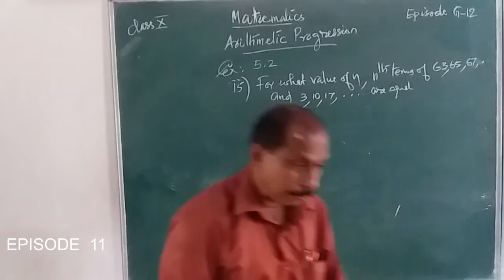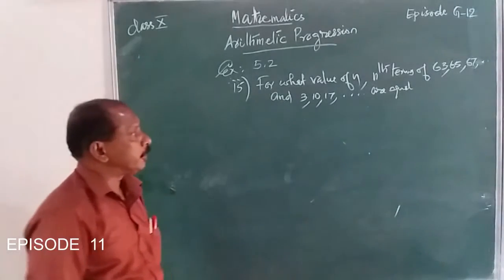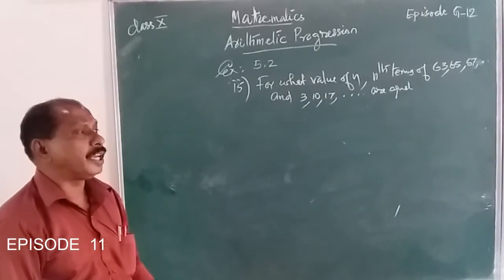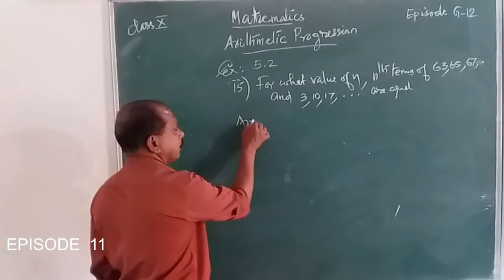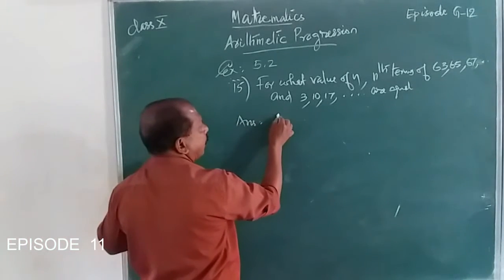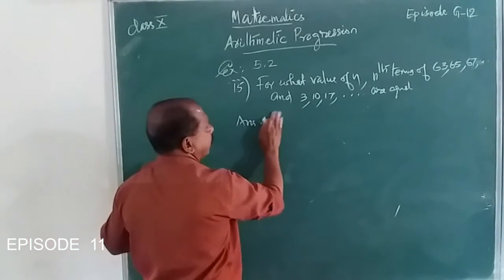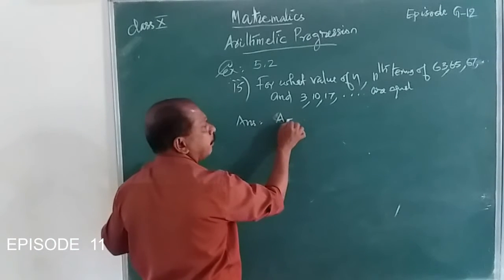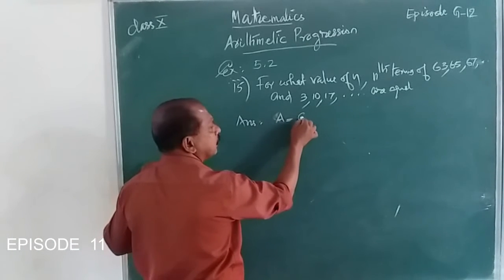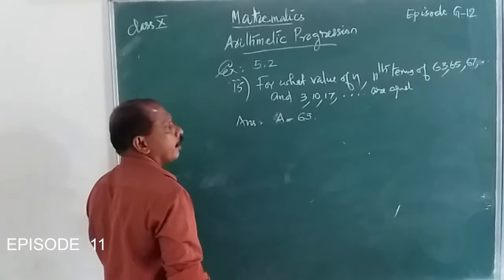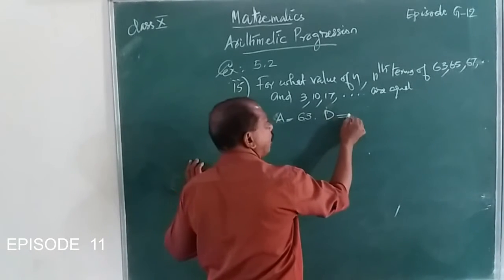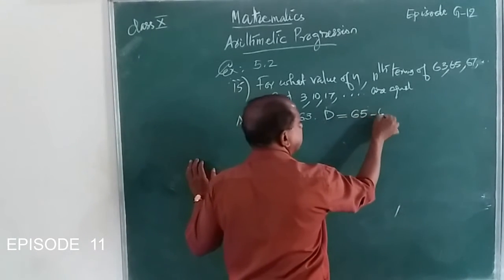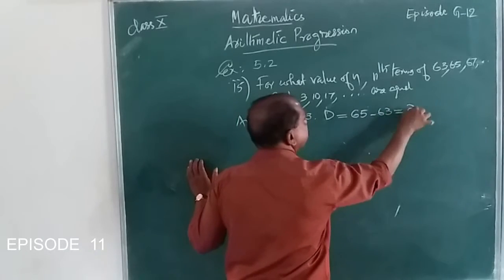Okay, that means the nth terms of these two progressions are the same. For the first, capital A is equal to 63 and capital D is equal to 65 minus 63, which is 2.